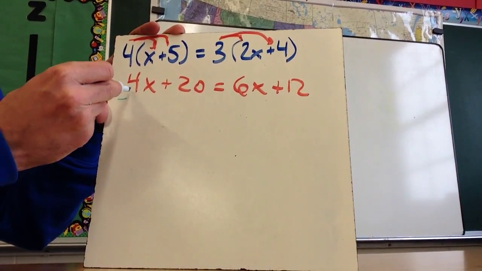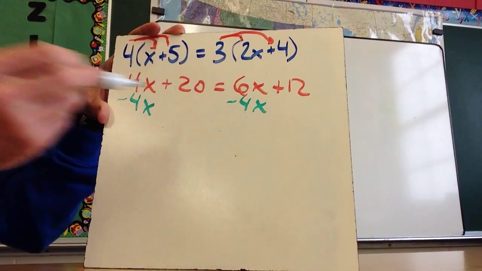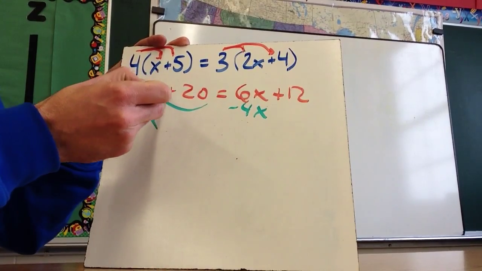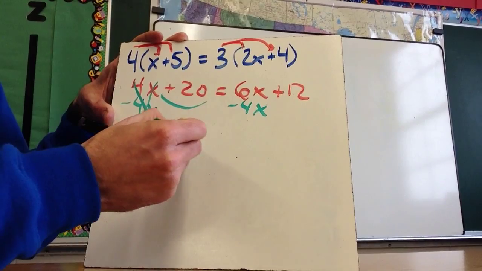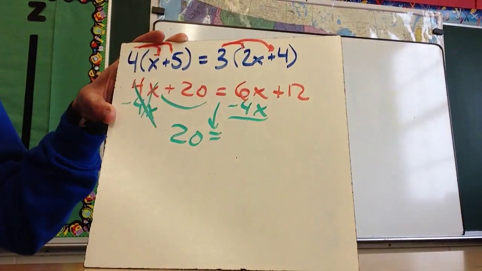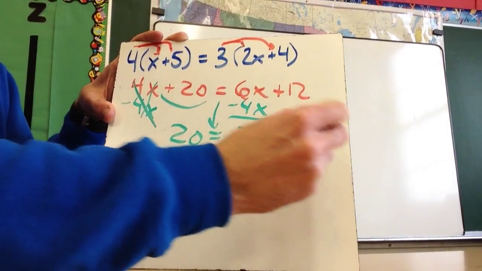So I would subtract 4x from this side and 4x from this side. This is going to keep the x positive. This will go away. This number is coming down. Keep in mind that plus sign is married to the 20, so this is saying this is positive 20. The equal sign stays here. I got 6x minus 4x, that is 2x, and then I have plus 12.